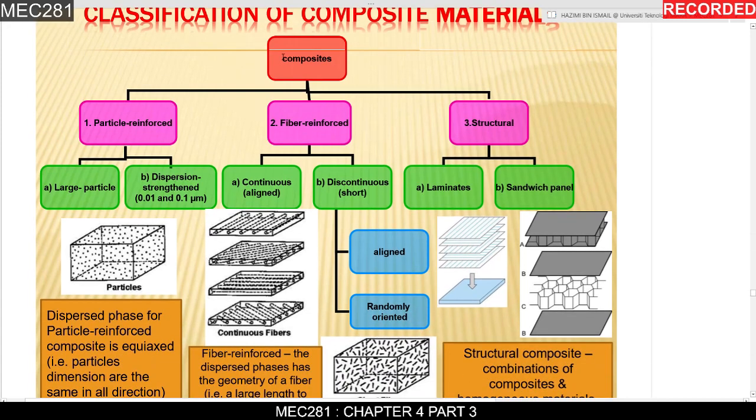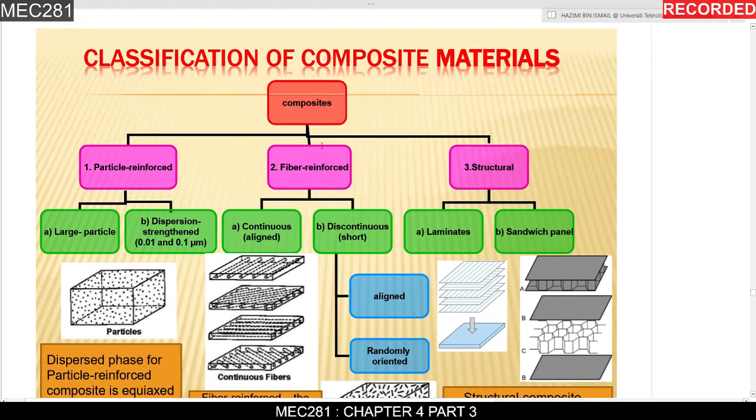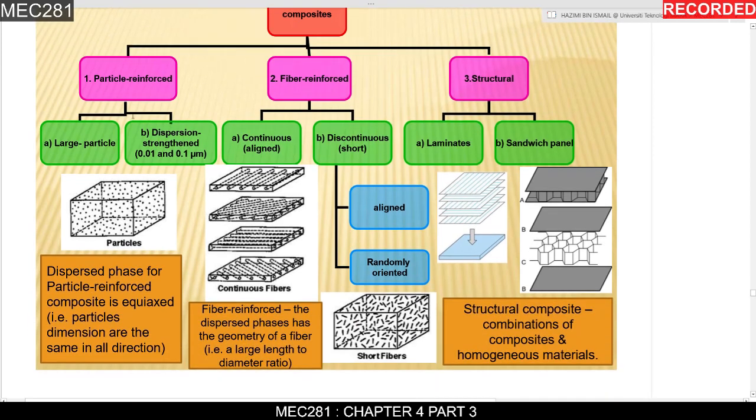Jadi composite tadi yang kita cerita ada 3 jenis. Ni general. One is particle reinforced, fiber reinforced, and structural. Ini cara lain-lain dari segi jenis-jenis composite. Okay, lepas tu pecahan dia pula. Particle reinforced pecah kepada large particle, dispersion strengthened.